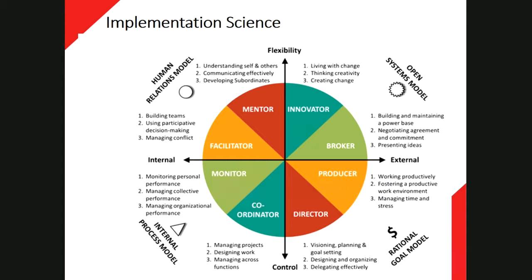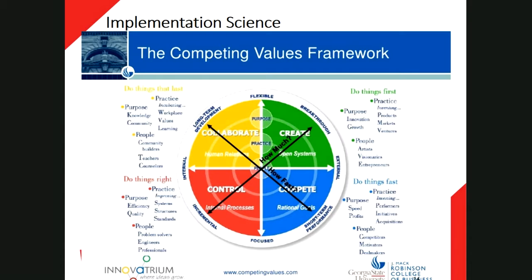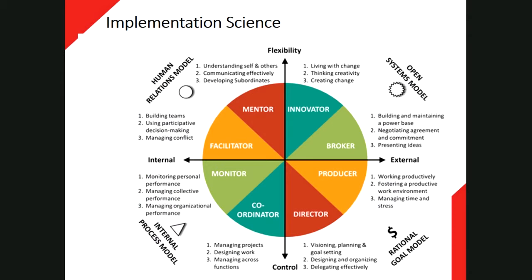Got to make sense, particularly from a financial standpoint. And looking at the lower left, more value on control, more value on doing things right, internal processes, more incremental change, you've got more coordination, monitoring.